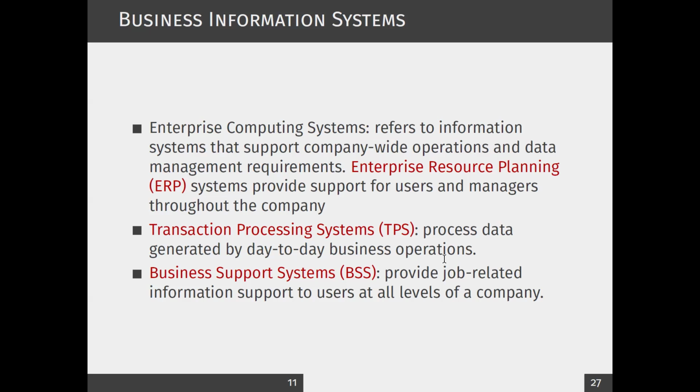If the information system supports whole organization level operations, we call it an enterprise resource planning system. It can support users and managers throughout the company. This is quite common in bigger companies.